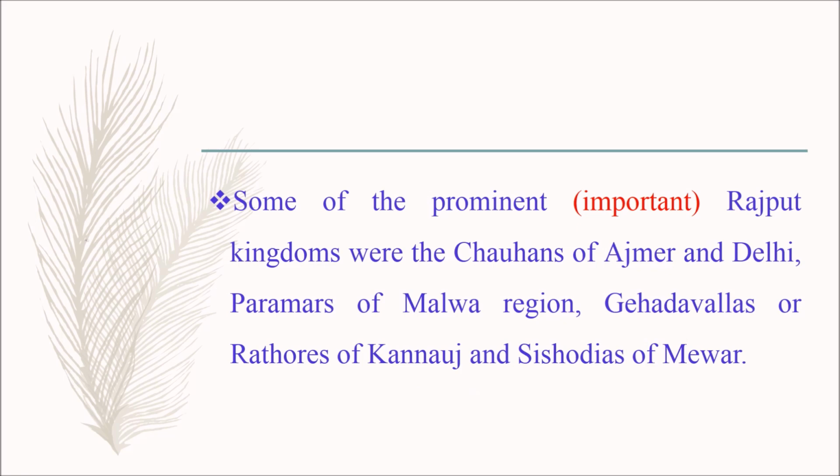Some of the prominent, here prominent means important, Rajput kingdoms were the Chauhans of Ajmer and Delhi, Paramars of Malwa region, Chihadawalas or Rathurs of Kanauj, and Shishodiyas of Mewar.